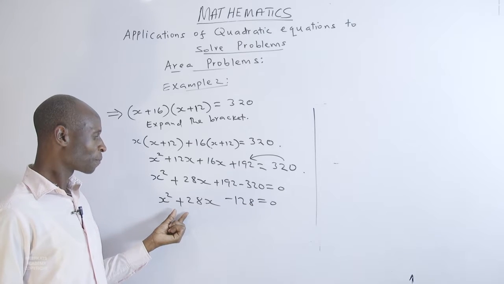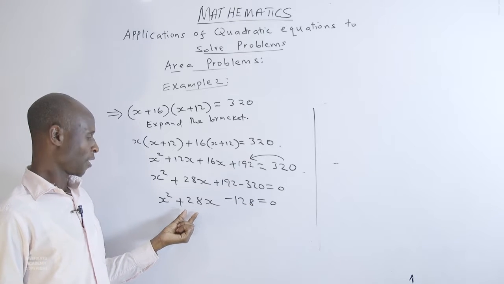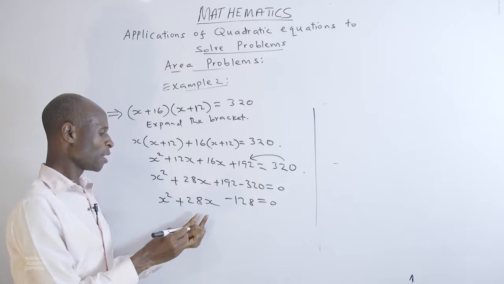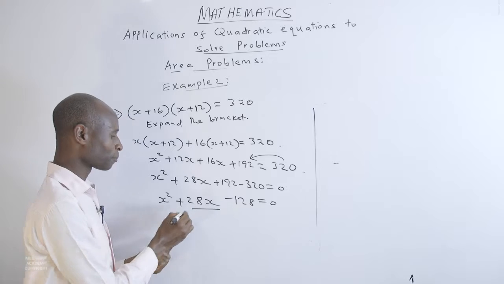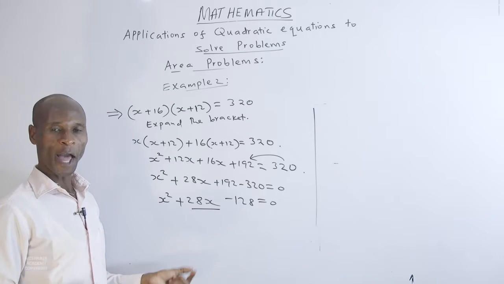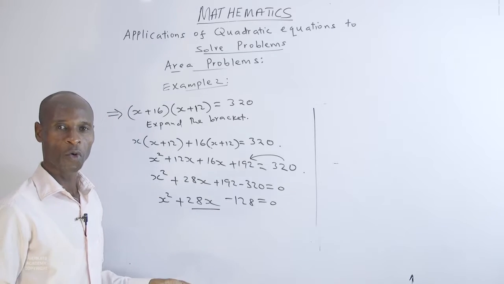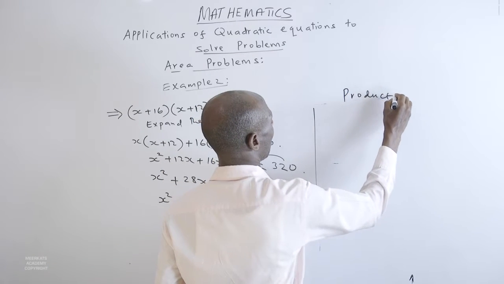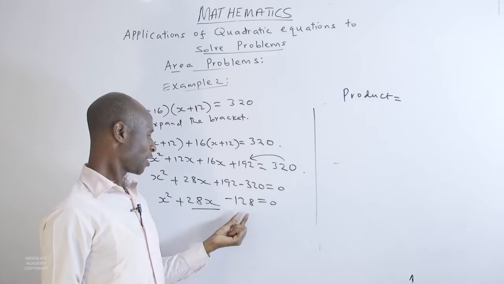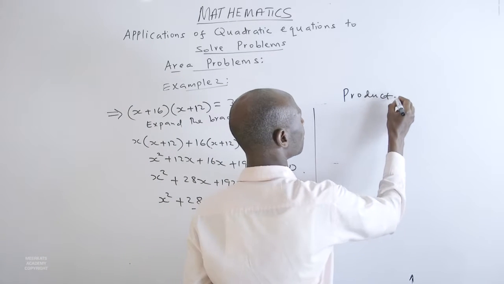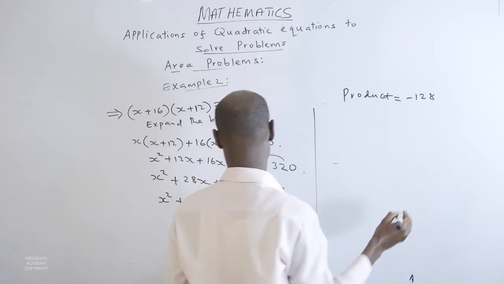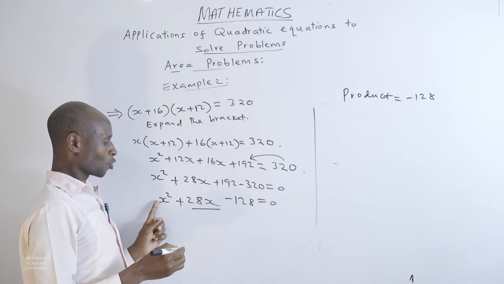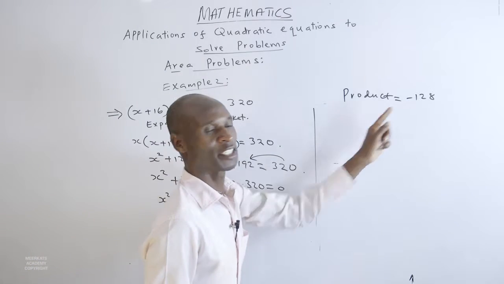So at this point, we now employ the knowledge of factorization technique. That means we need to split the middle term. And to do that, we look for two numbers such that the product is negative 128, which is the c part, because the coefficient of x squared is 1. So 1 times negative 128 is negative 128.